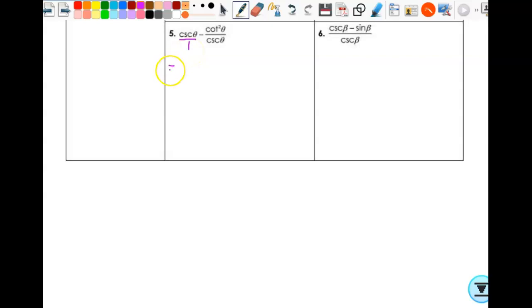My common denominator is just going to be cosecant theta. To get a common denominator, I'm going to have to multiply this first fraction by cosecant over cosecant, which will give me cosecant squared theta, minus, and then I don't have to multiply this one by anything, so I have cotangent squared theta there.